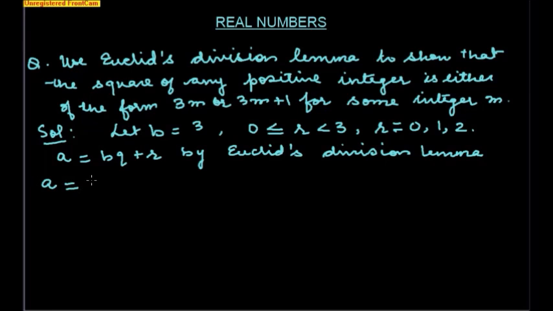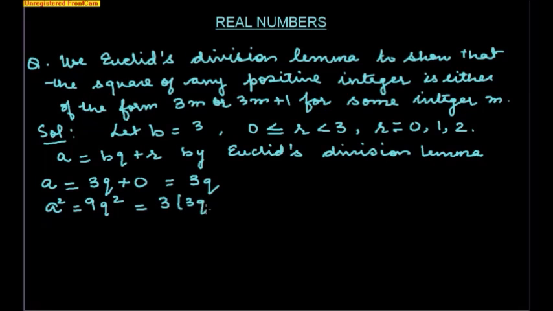Now I take the first case where a is equal to 3q plus 0, when the remainder is 0. So this is equal to 3q. Because we have to find the square, I square it. I get a square is equal to 9q square.